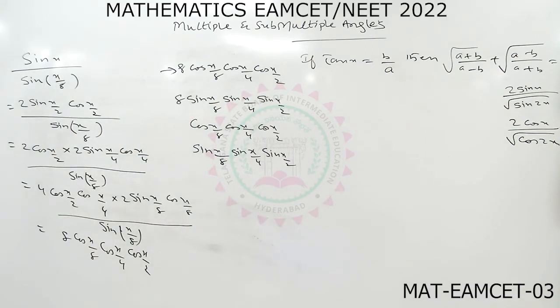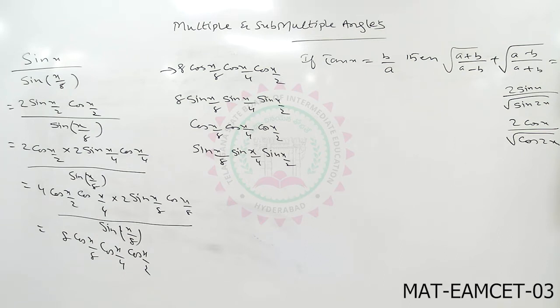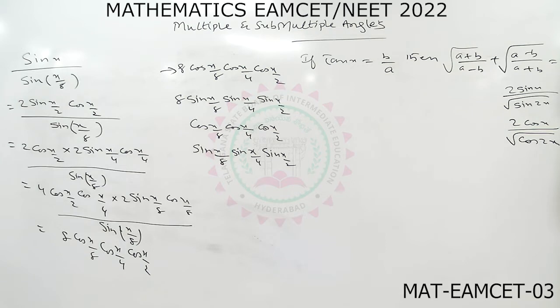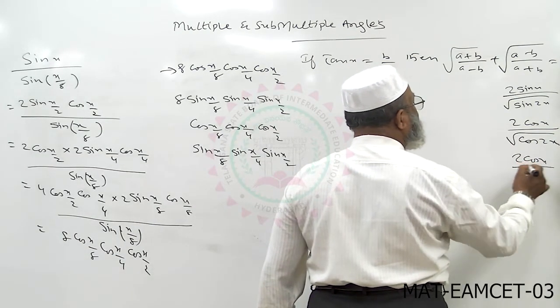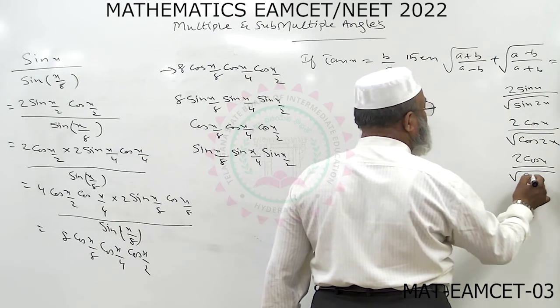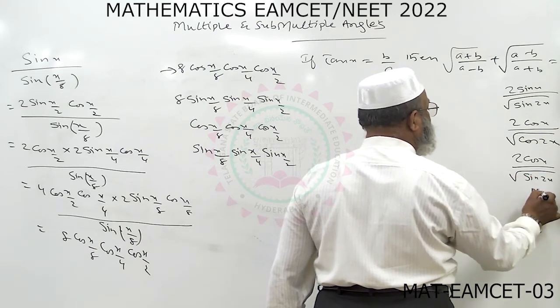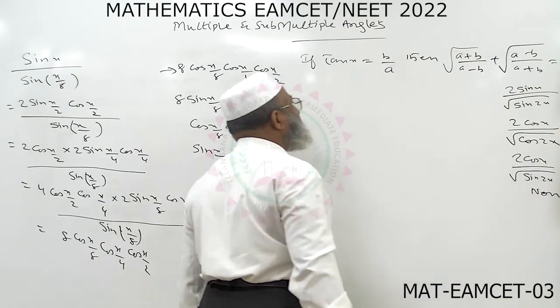Third option is 2 cos x by root of sin 2x. Fourth one is none.